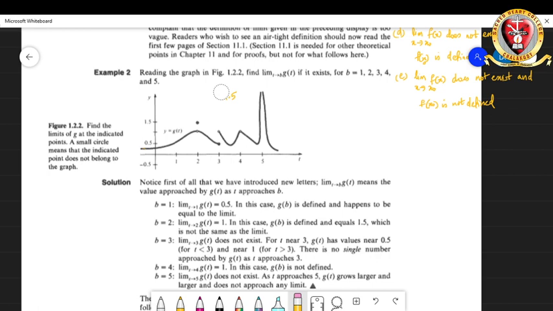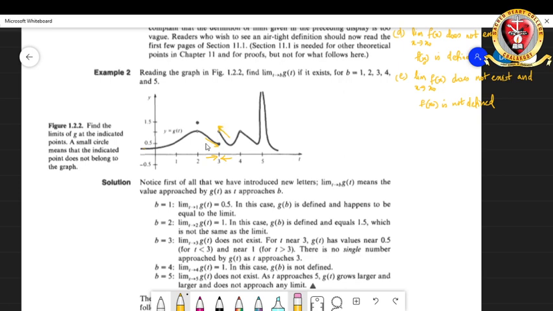Now let's see what is limit t tends to 3 g of t. So for that we are moving from the left towards 3, moving from the right towards 3, and the function is moving like this towards here. From the right the function is moving towards there.